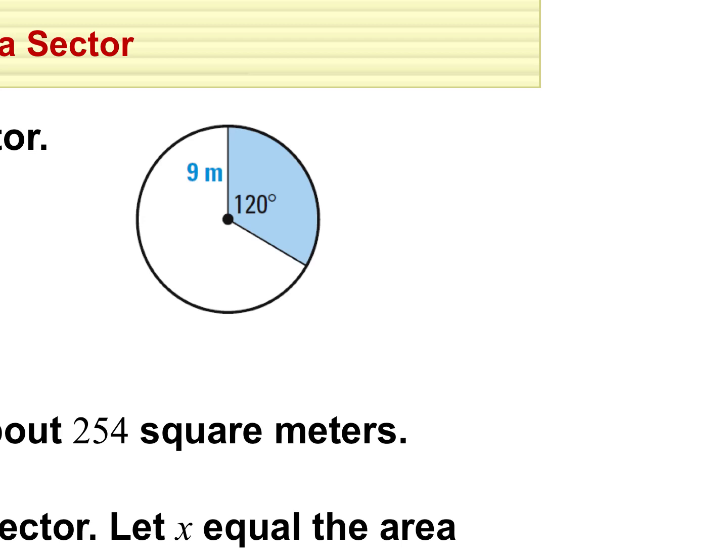For this formula, everyone write this down. This is area of a sector. We have the measure of the sector, S for sector, divided by 360. Why do you think we divide by 360? Because that's the whole thing, right? Part over whole, we talked about that last chapter. That's ratios.